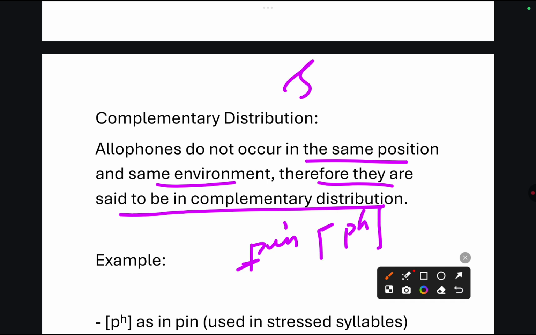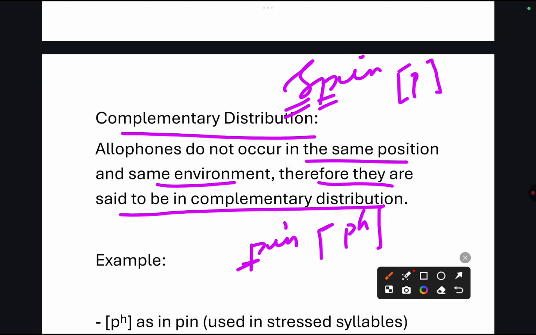In "spin", the "sa" sound is stronger and the "p" sound is less stressed. Hence here the "p" is less aspirated, and this "p" is used. But if you change this "p" with that "p", the meaning of the word will not change.